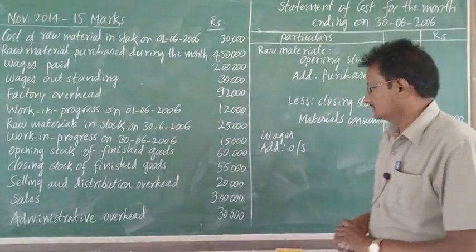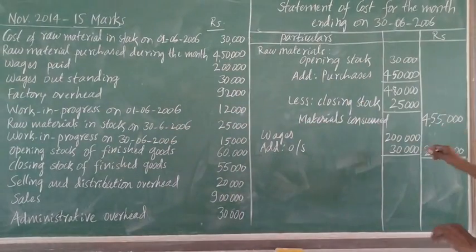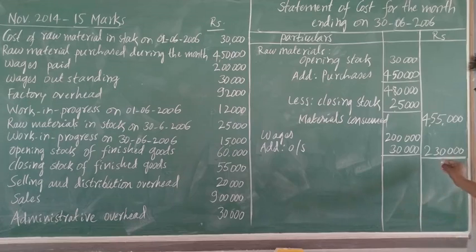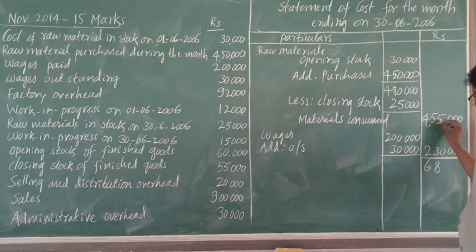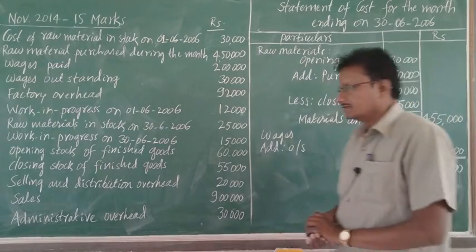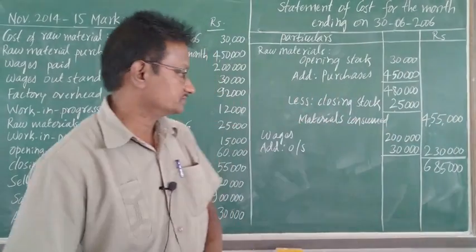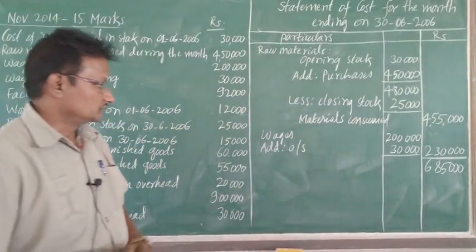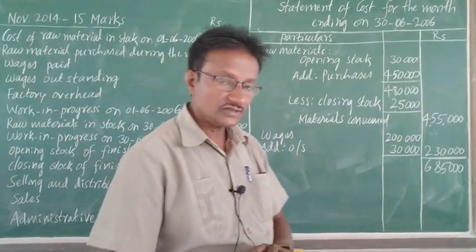So the aggregate of these elements of cost is prime cost. So prime cost is 6,85,000.